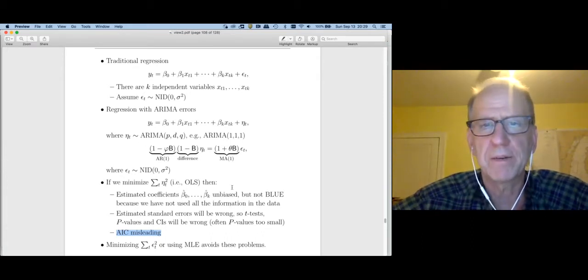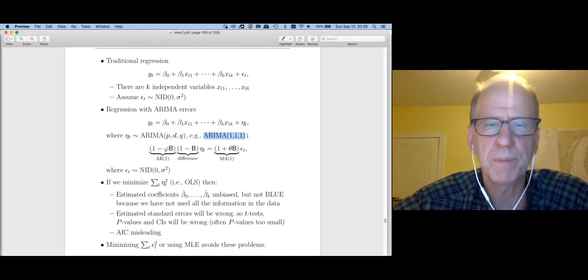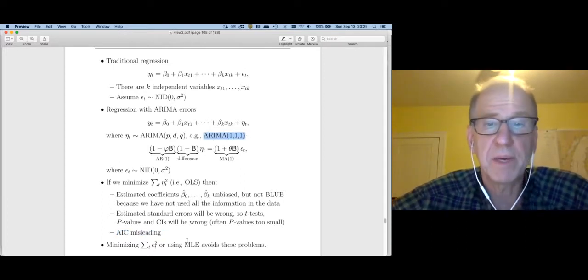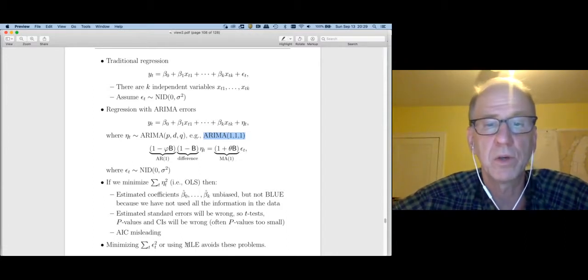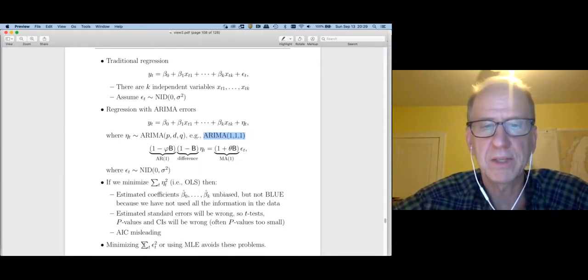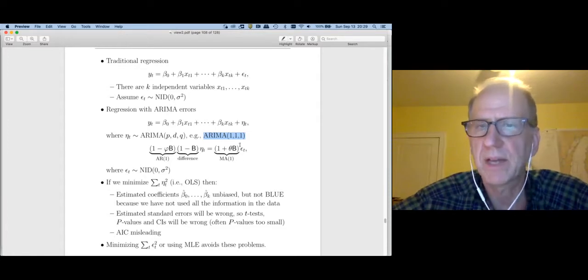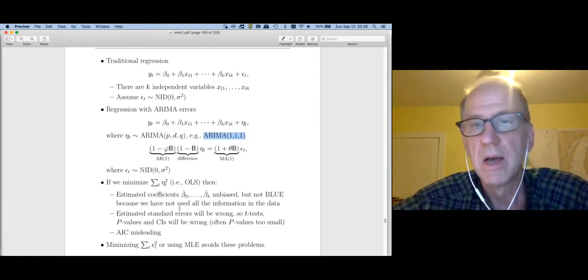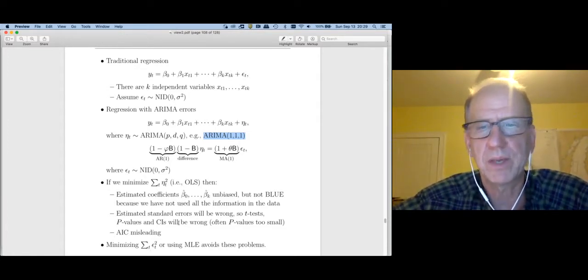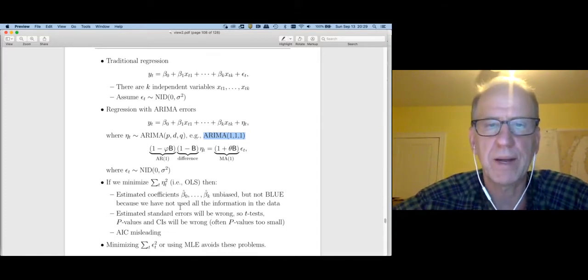So what we're going to find is if we can model the etas with an appropriate ARIMA process and then estimate it using maximum likelihood or by minimizing the sum of squared epsilons, not the etas, the epsilons, then we can avoid those problems and our inference will be correct.